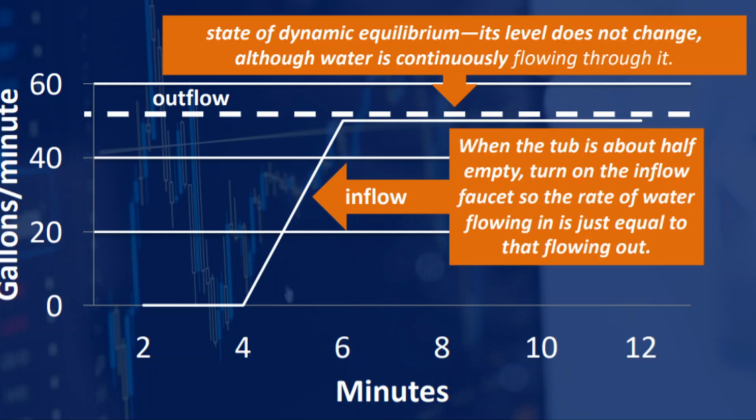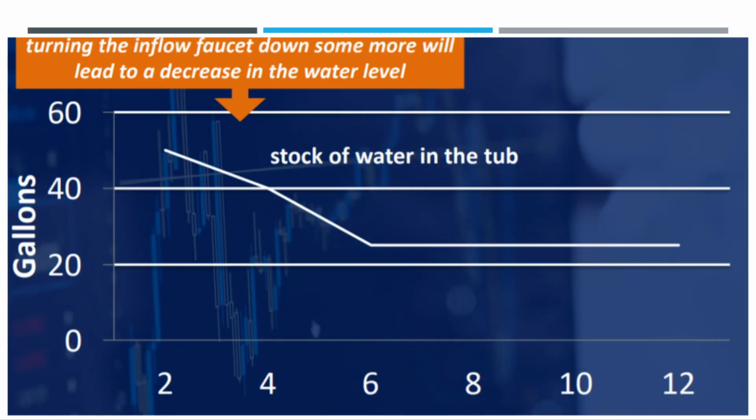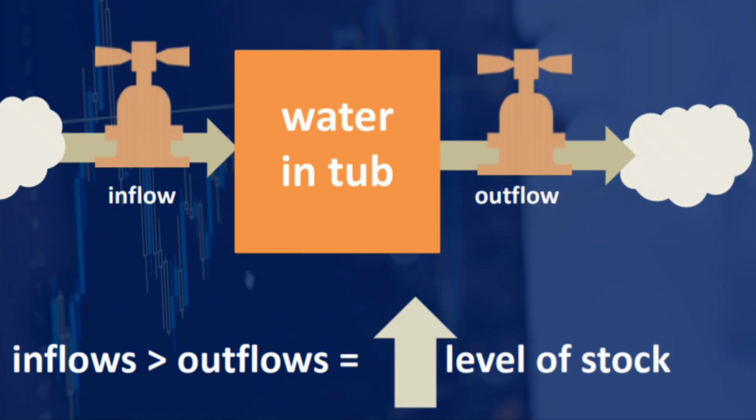So there's dynamic equilibrium. Now, kapag ka naman niliitan mo lang yung inflow ng faucet, tapos malakas ang tagas or malakas ang labas ng tubig, so syempre it will decrease the water level.